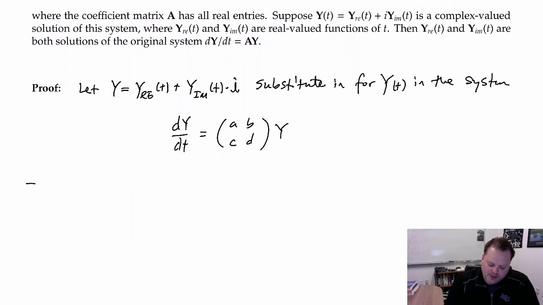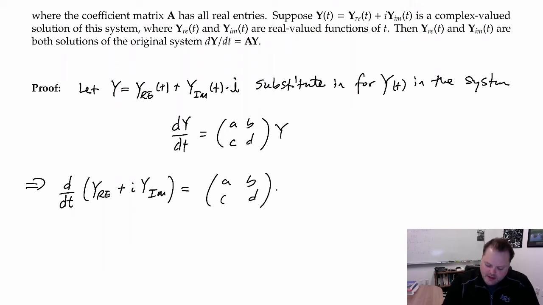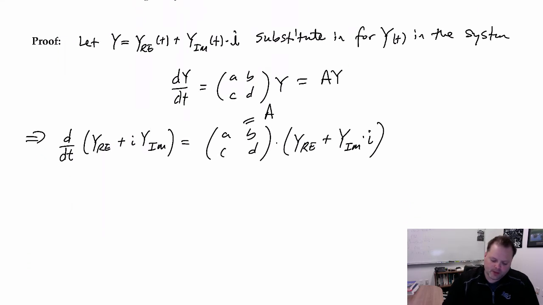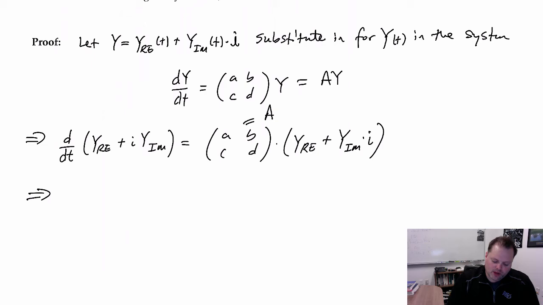All right, if you substitute in, you've got the derivative with respect to t of y real plus i times y imaginary equals (a, b, c, d) times y real plus i y imaginary. And it would be helpful here if we just renamed this the coefficient matrix A, like we normally do. Normally our system is written this way.